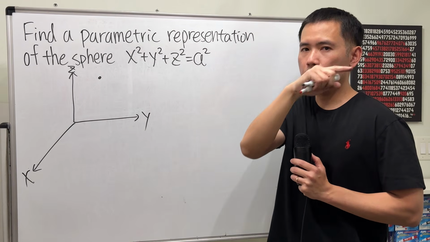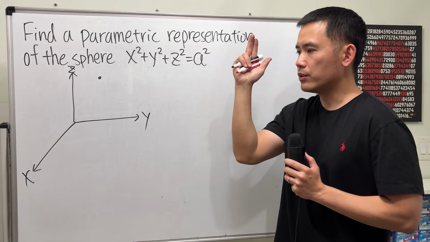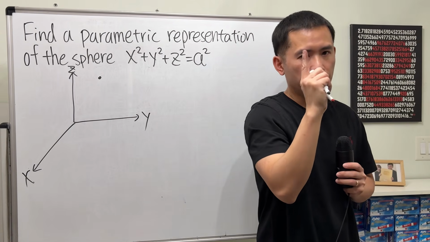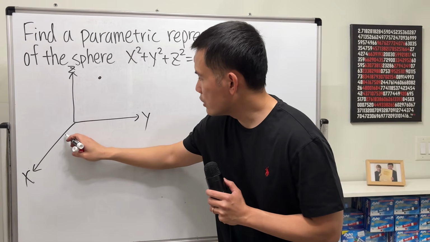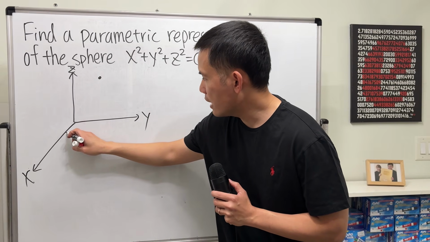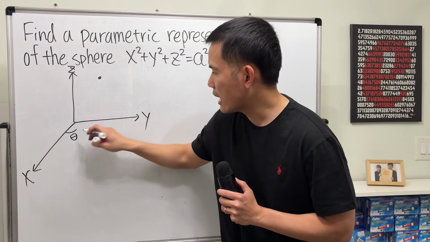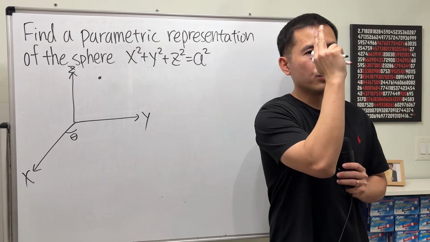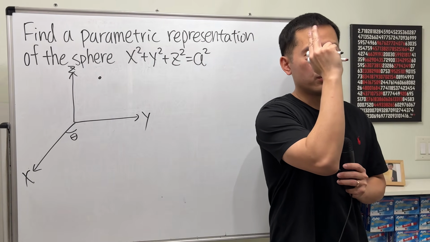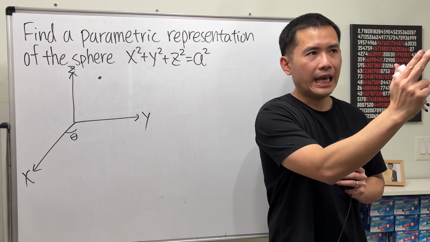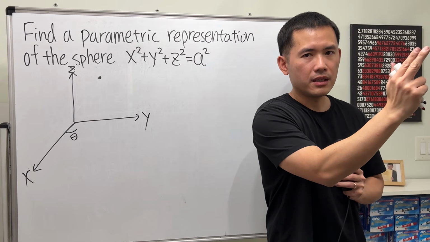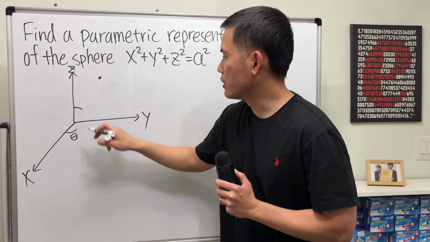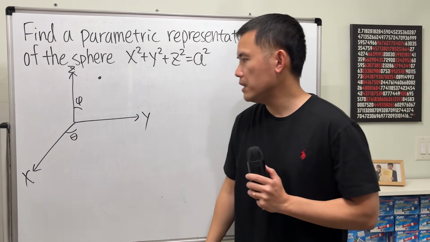Now, in order for me to get to the fly, I have to make a turn first on my body, like this. So that's the first rotation. That rotation is on the x and y plane right here, and we are going to call that theta, like this. Then I'm going to do the second rotation. I have to do like this, so I can aim my laser gun to the fly. So that will be this rotation here. We call that angle phi.